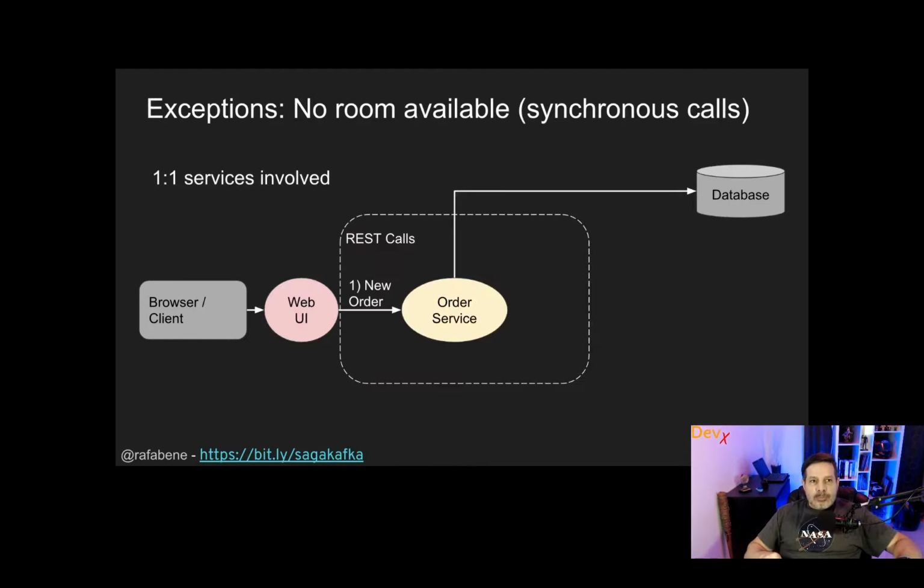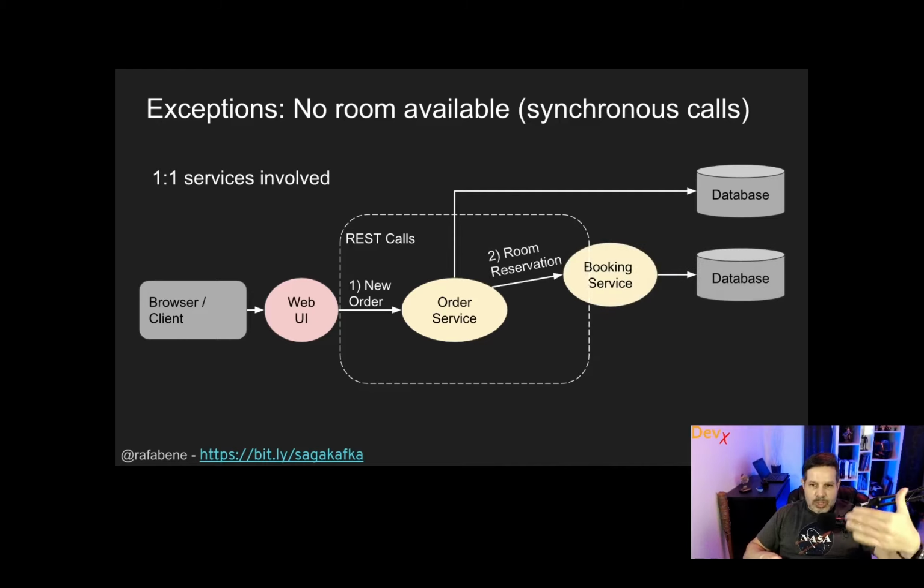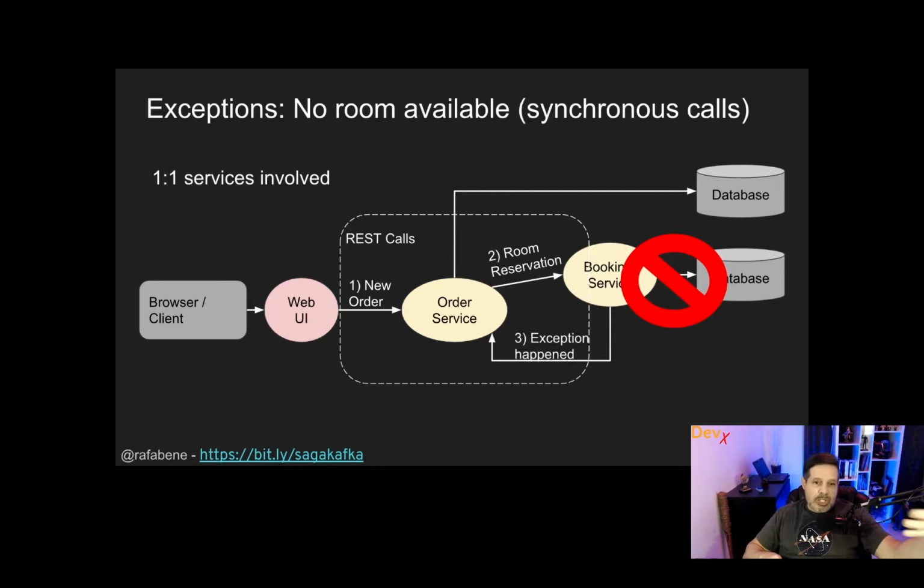Okay, so for example, let's suppose an exception: no room available in a synchronous call. So we have only two services involved. We open a new order, then we want to reserve a booking, reserve a room, and in the case of a room not being available, we will receive an exception, and then we just cancel the order, right?